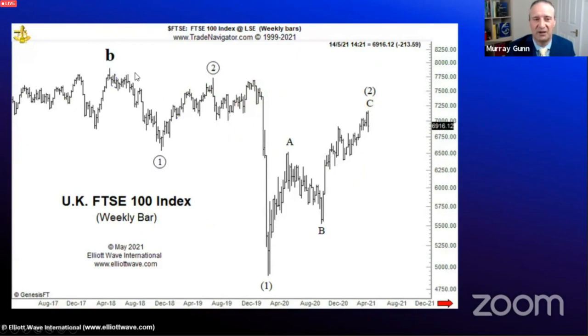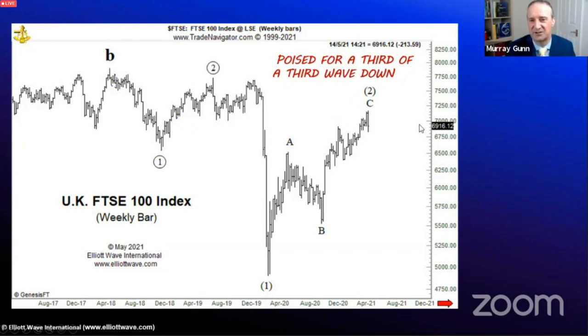What about Europe? Well, the FTSE in the UK topped out 3 years ago in 2018, so it's already been tracing out the first few waves of its bear market, and it could be poised for what we call a third wave down.